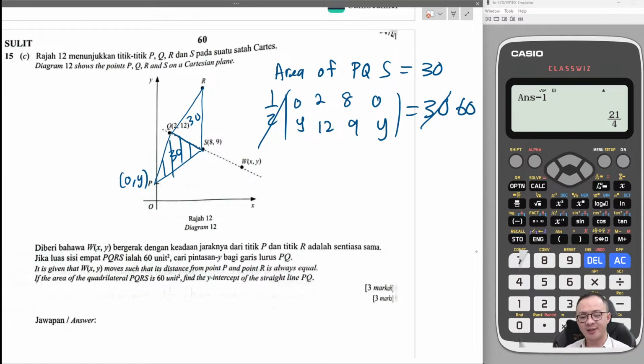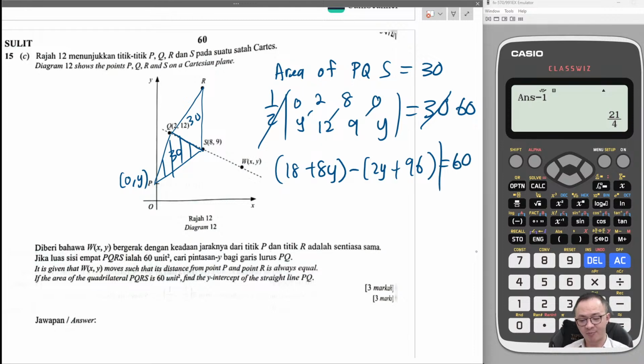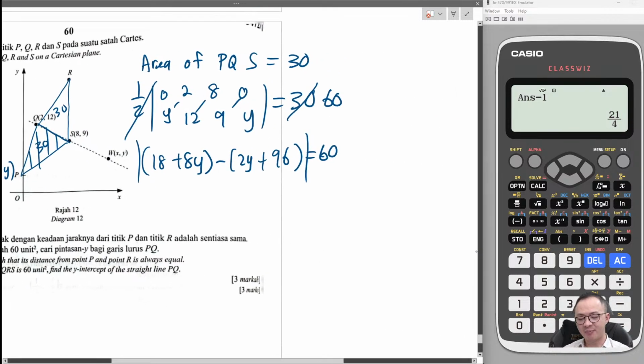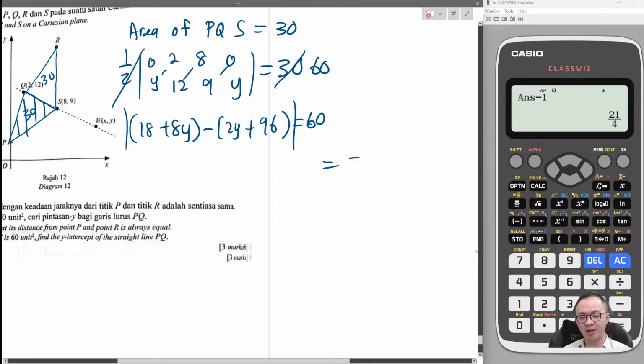Half moves to the other side, multiply by 2. Then this is 0. 18 plus 8y minus 2y. Multiply like this, so this is 96 equals 60, with the modulus. The modulus is a bit tricky because when it goes to the other side, it becomes plus minus.